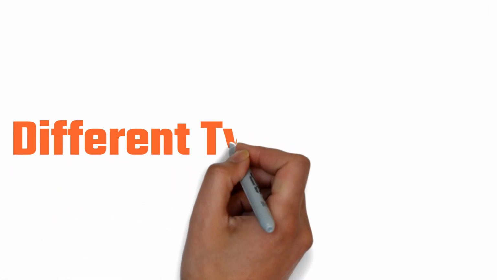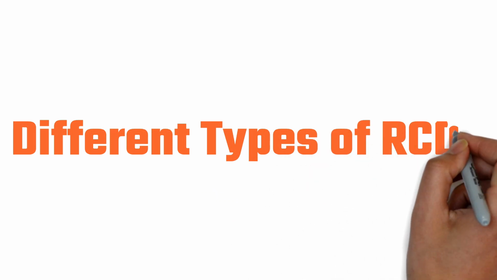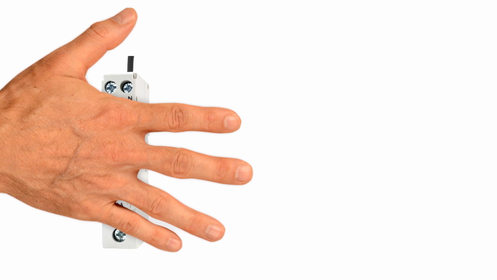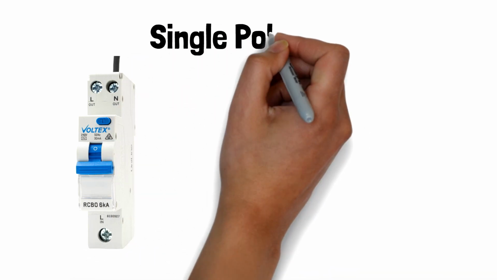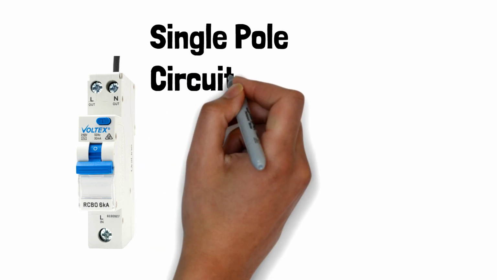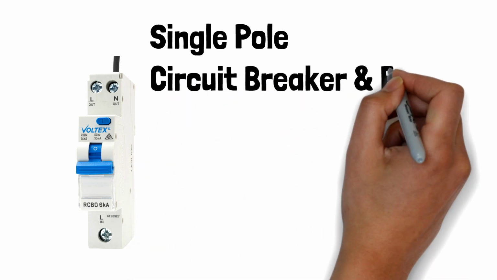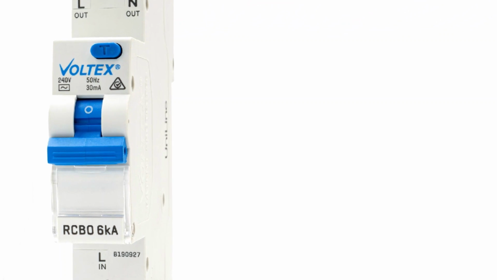Okay, let's discuss the different styles of RCDs that you may come across. Firstly, this is probably the most common RCD that you'll come across if you haven't come across this at your own home. These RCDs are just a standard single pole circuit breaker and RCD built into one. So the giveaway sign of an RCD is you're always looking for a test button on the device.